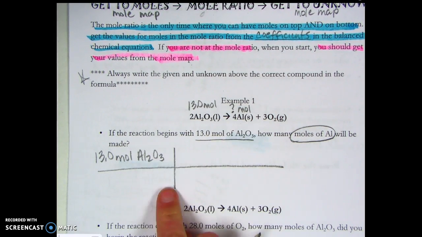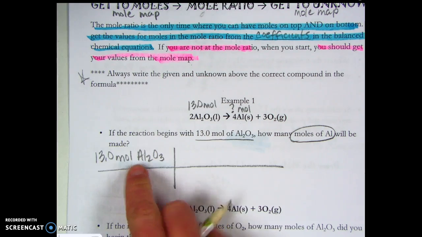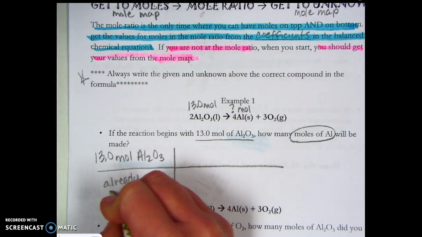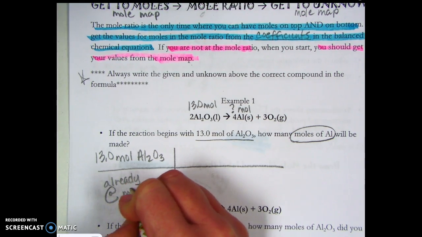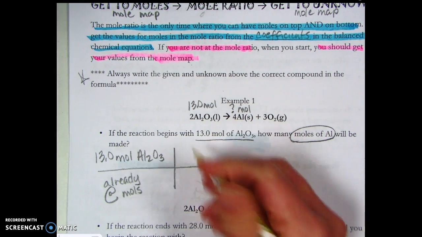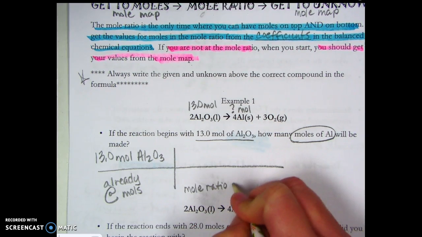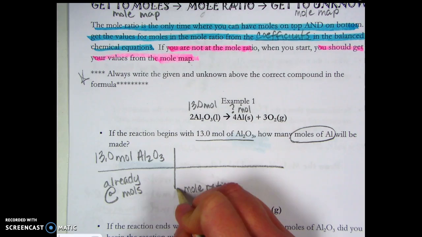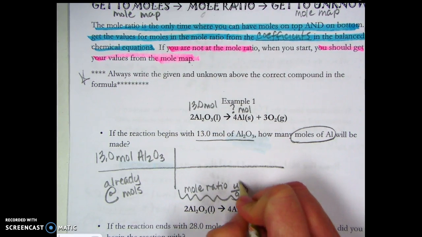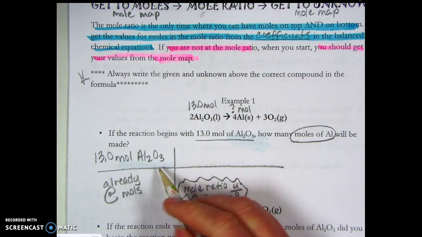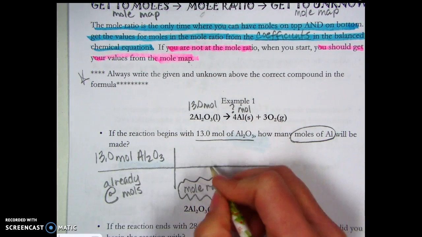Okay, our first step would be get to moles, but I'm already at moles, so I can skip that first step. My second step is my mole ratio, which is unknown over given. Oh, I have to be careful not to go into that next formula. Okay, the words on the top are the words on the bottom.